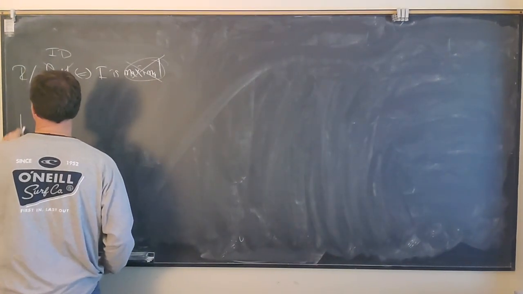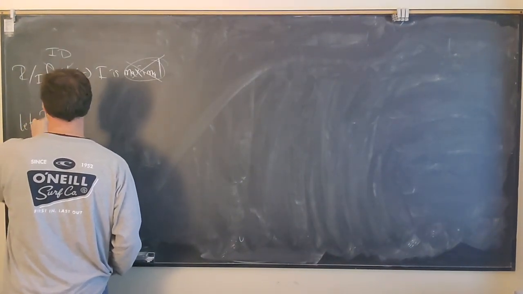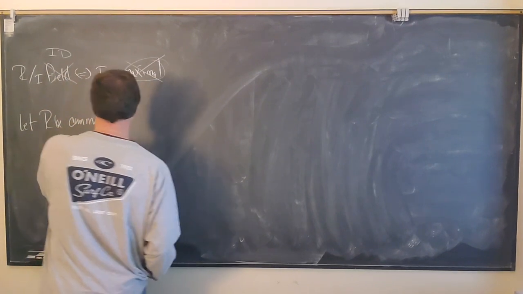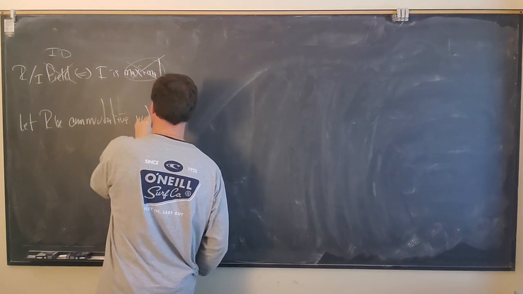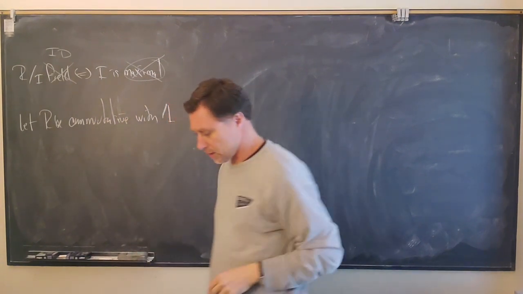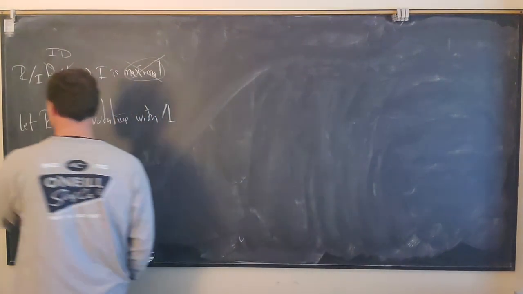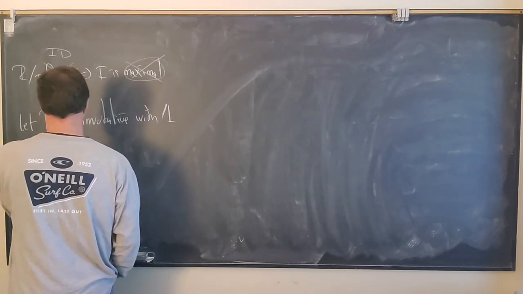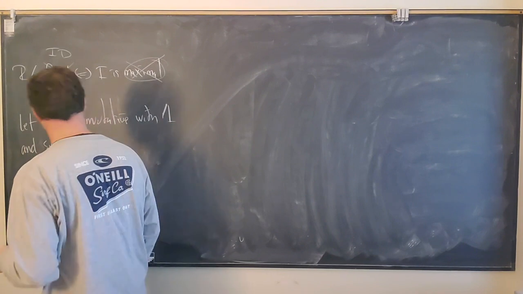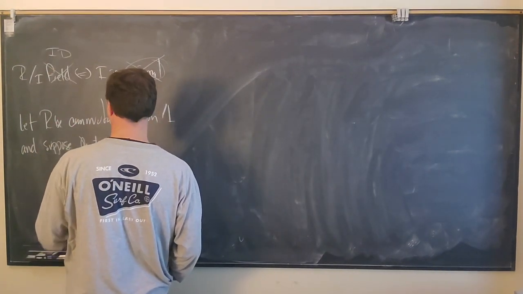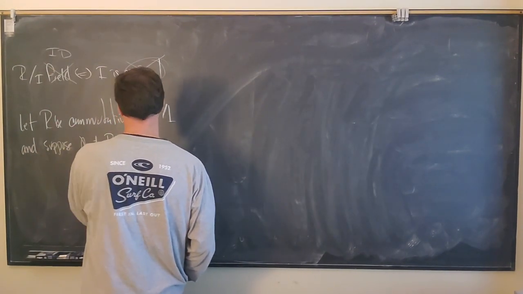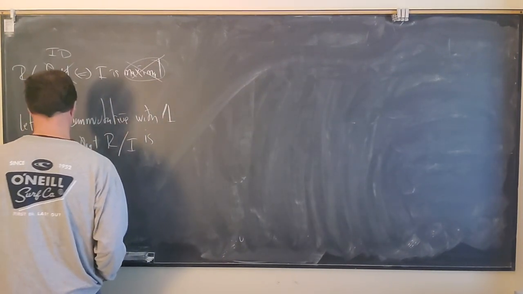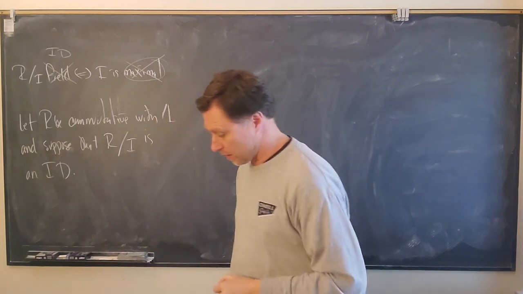So let R be commutative with unity, and suppose that R mod I is an integral domain. Okay, so what does that mean then?